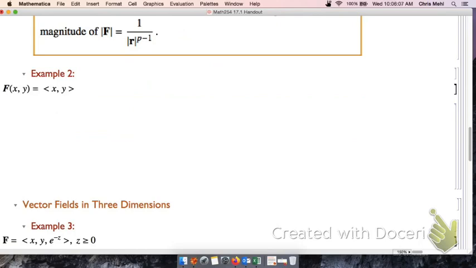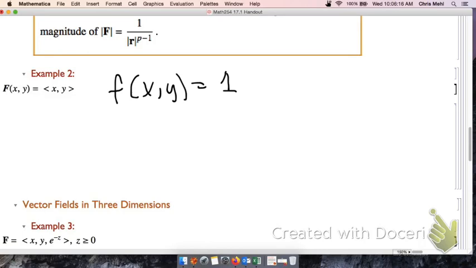So now example 2, I could look at the vector field capital F of x, y, and this ends up being a radial vector field where lowercase f of x, y is just the constant function 1.